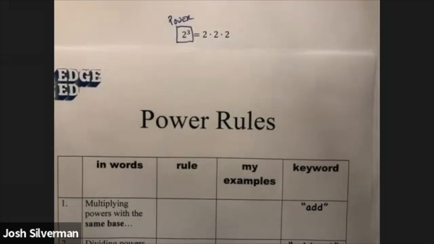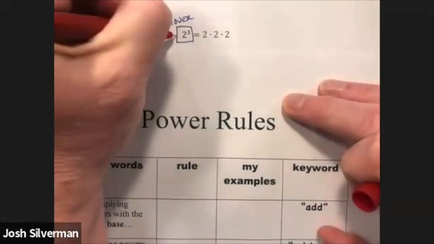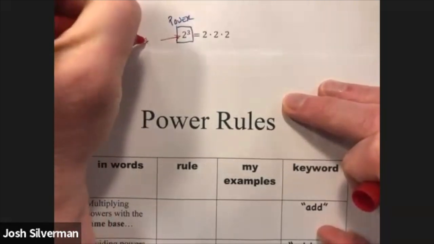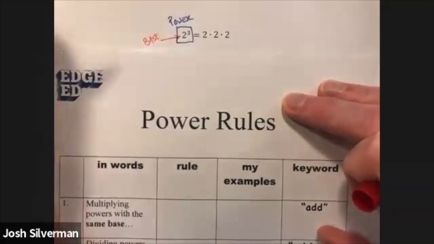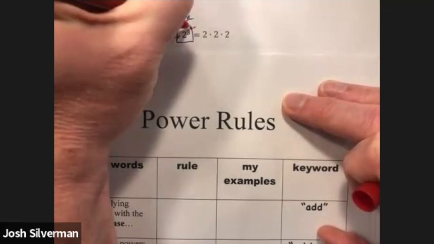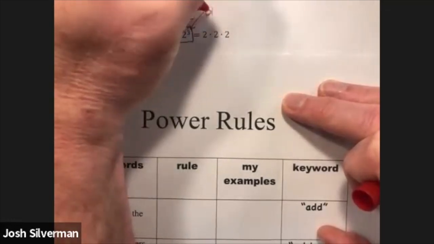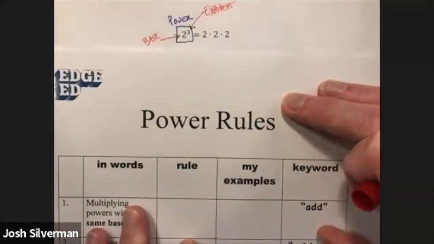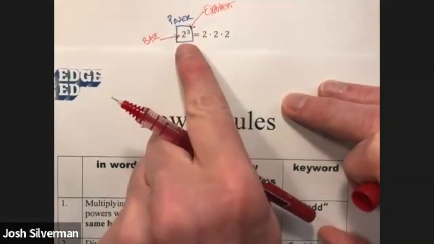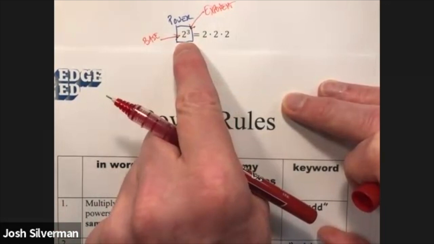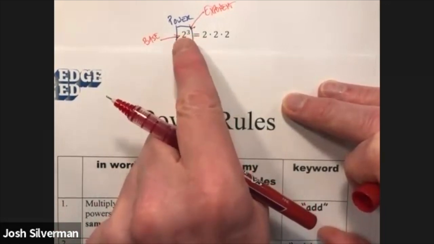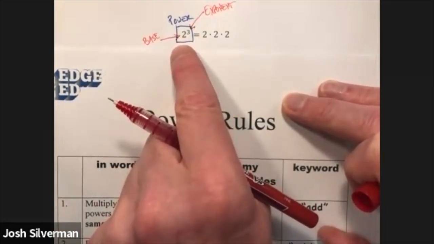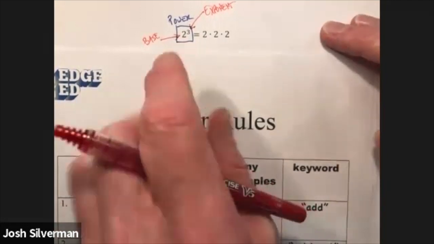The big number on the bottom, that's the base. The little number at the top, that's the exponent, okay? So the exponent tells us how many times to multiply the base by itself. 2 to the third means 2 times itself 3 times, 2 times 2 times 2, aka 8, okay?